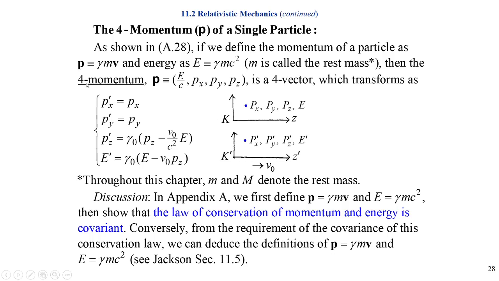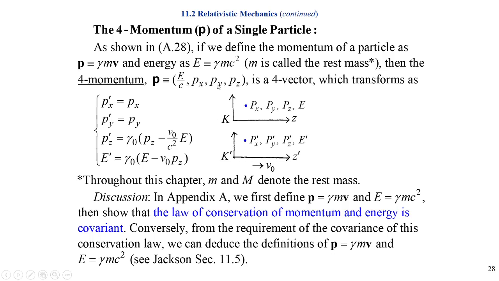Then the 4-momentum has components E over c, and so on. C is the speed of light and v is the speed of the particle. So they have the same dimension.